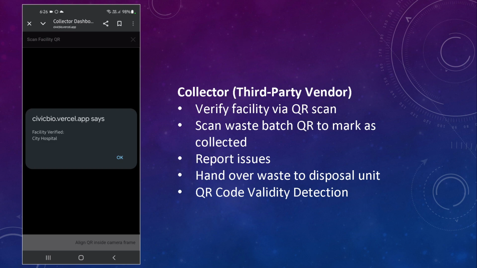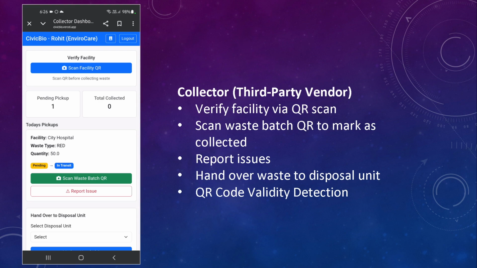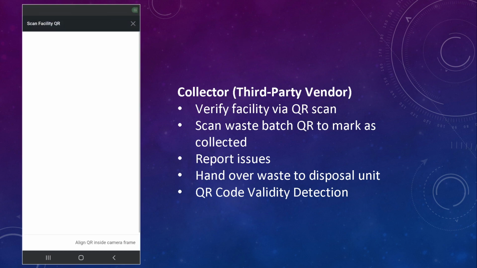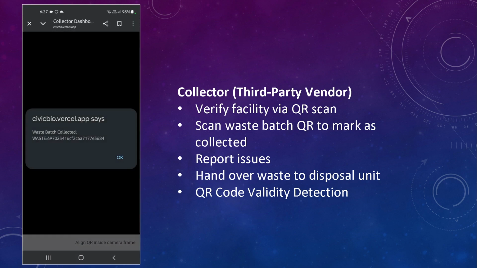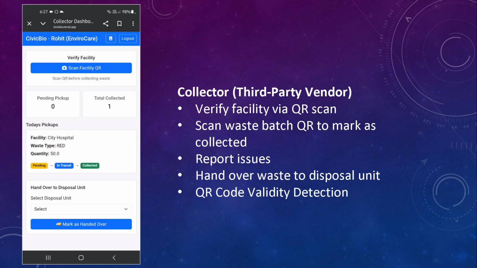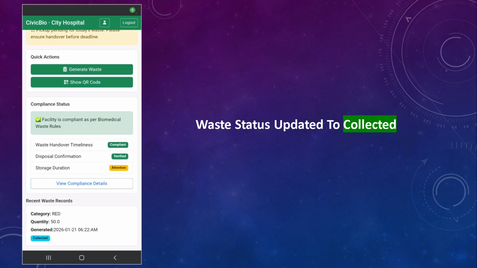Here we go, the facility name comes up, which means the facility is verified. Then we scan the waste batch QR. We have to make sure that the waste QR is already pasted on the waste, and then it is collected. Now the status has been updated to collected.